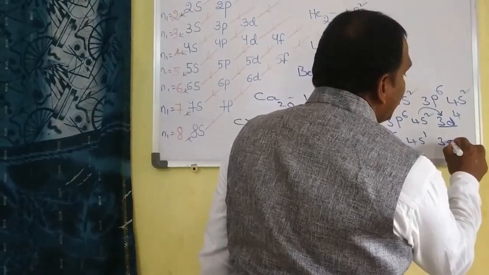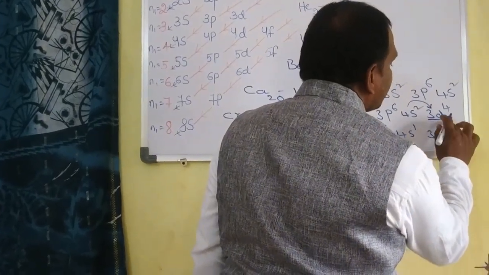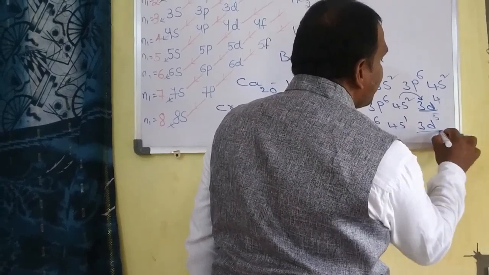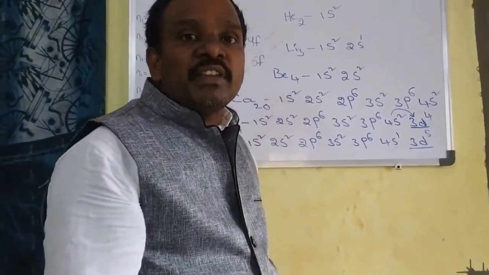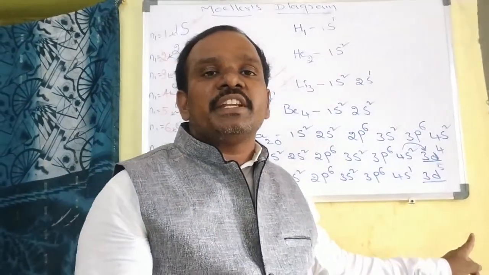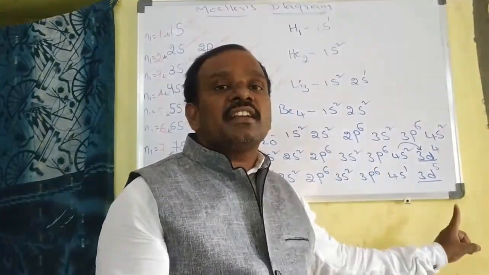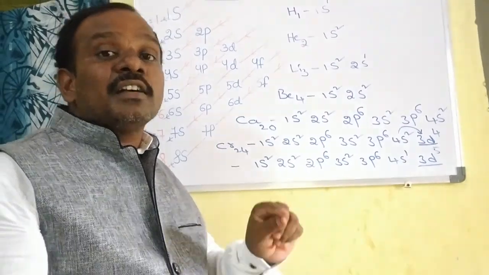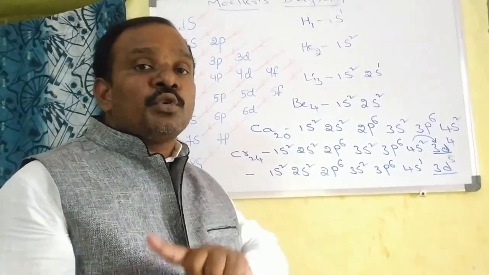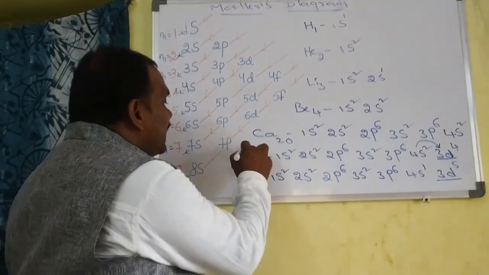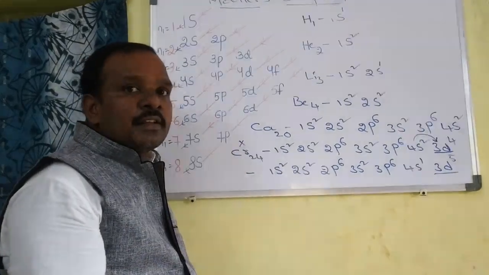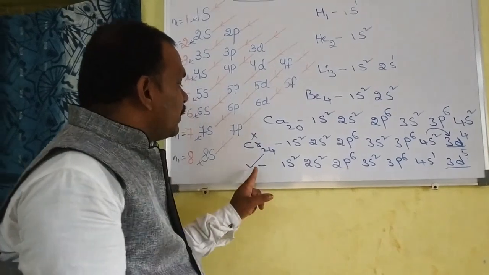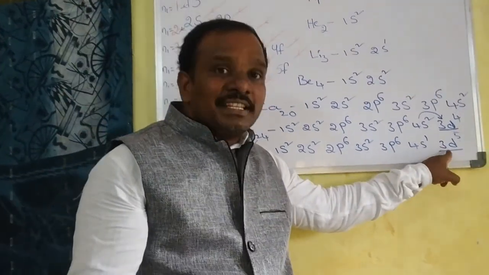Now this 3d4 becomes 3d5. 3d5 means half-filled electronic configuration. This half-filled electronic configuration of chromium is more stable. If they ask for the electronic configuration of chromium, you should not write the unstable electronic configuration. You have to write the stable electronic configuration of chromium like this.